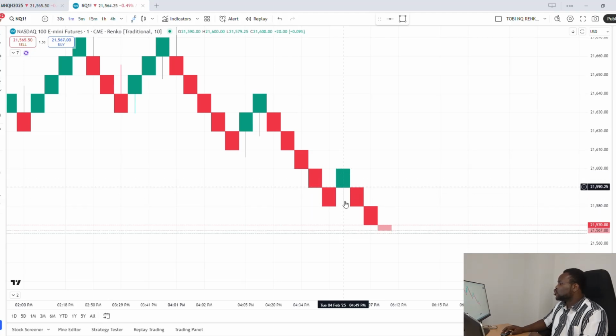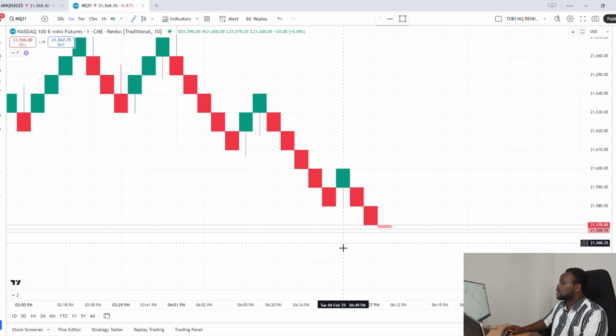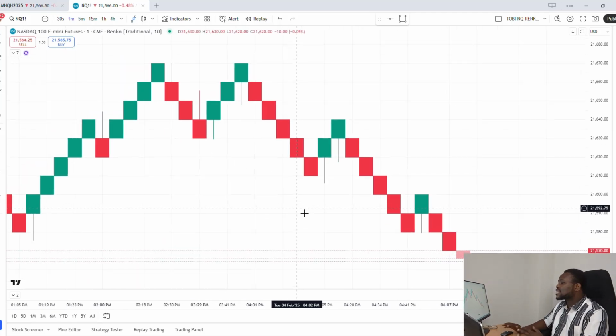The wick usually signifies that there was a price movement of at least one or more Renkos in the other direction, but it never actually solidified. So the wicks can tell you different things about the price movement.